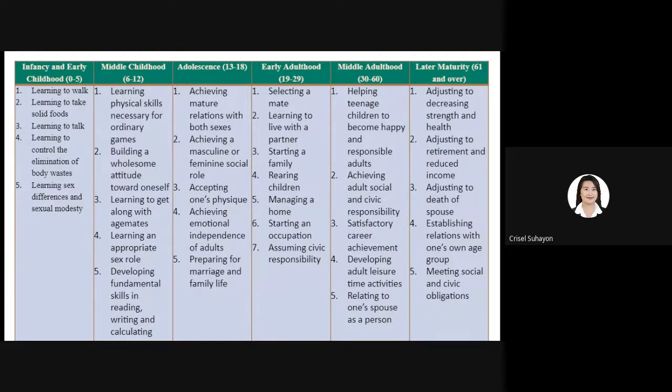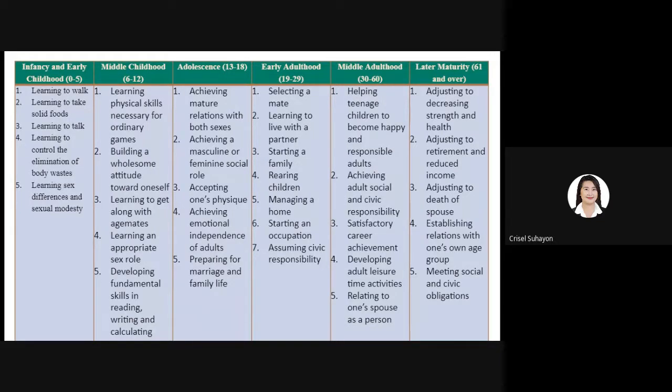So the middle of that is 40 years old, so 40 to 50 years old. That is where the so-called midlife crisis comes out. And we will be talking about that once we reach middle adulthood. That is a topic for later on. Okay? And then adjusting to aging parents.